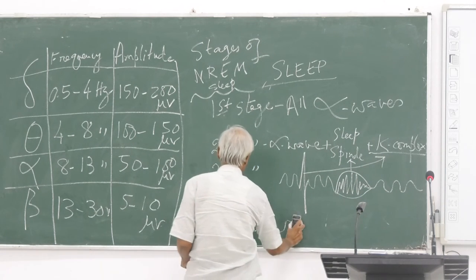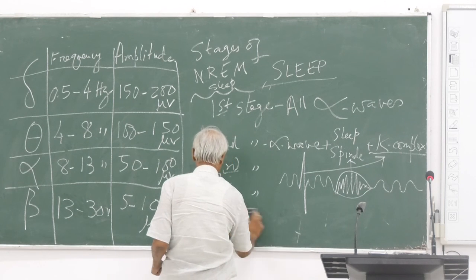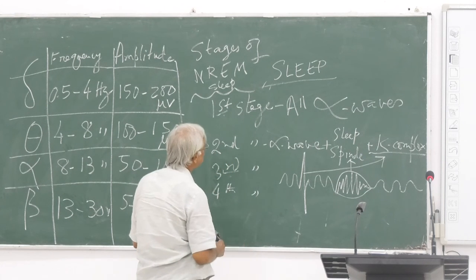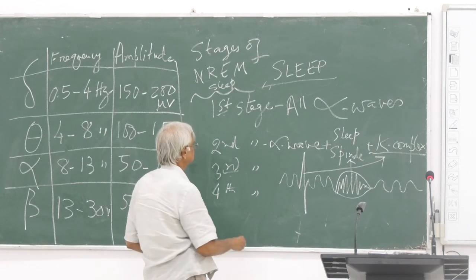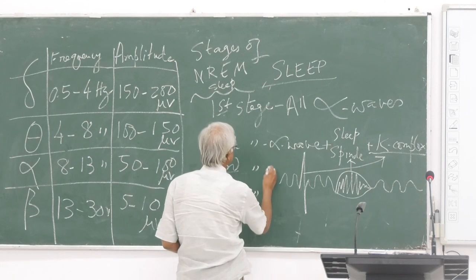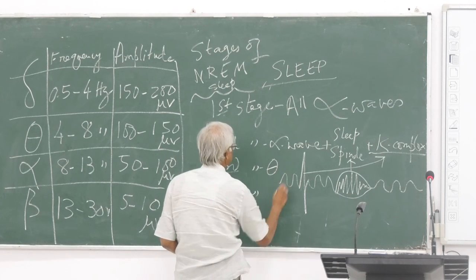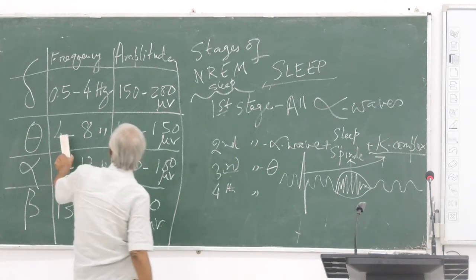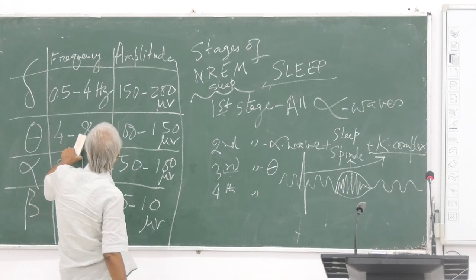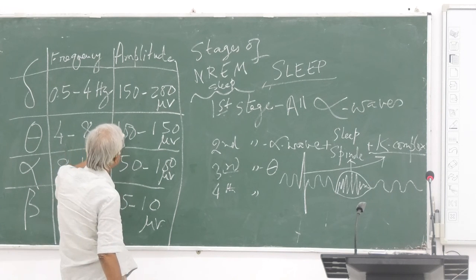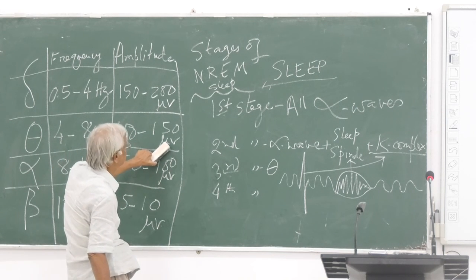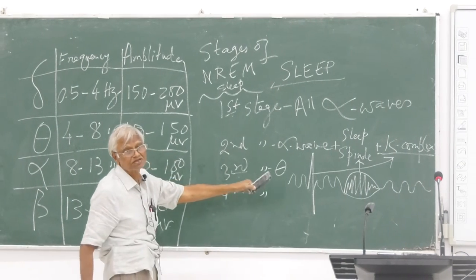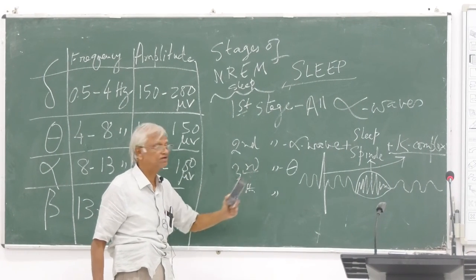Now what is the third stage? Very easy. Theta waves, 4 to 8 hertz frequency, 100 to 150 microvolt amplitude. Throughout the third stage, theta waves.